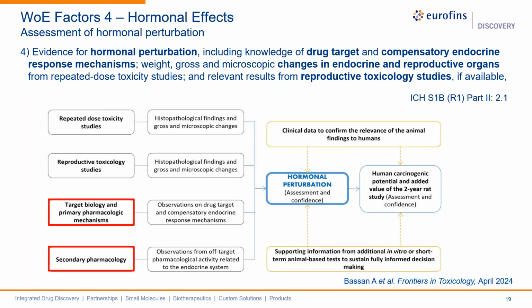Moving to number 4, factors, we will explore the hormone effect framework. Looking at the slide, these are the key data sources to form a systematic approach to evaluate hormone effect. First, the repeat dose toxicity study examining both gross and microscopic changes in endocrine and reproductive organs.